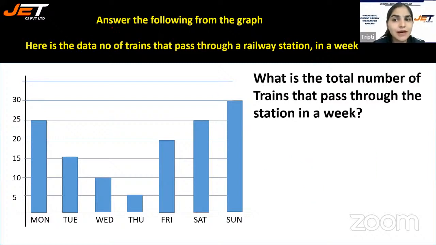What is the total number of trains that pass through the station in a week on all the days? Here we have 25, 15, 10, 5, then 20, 25, and 30.